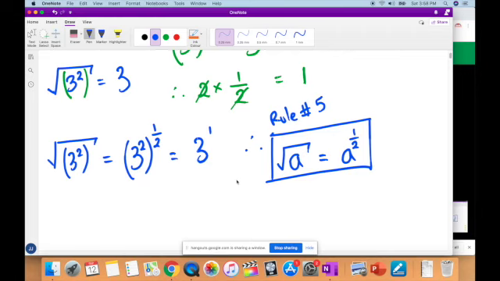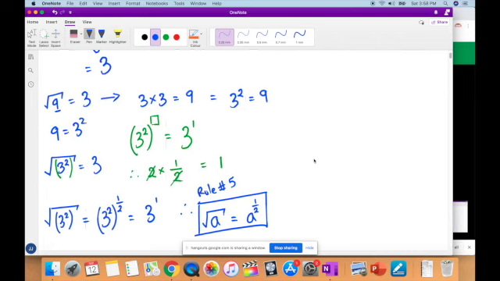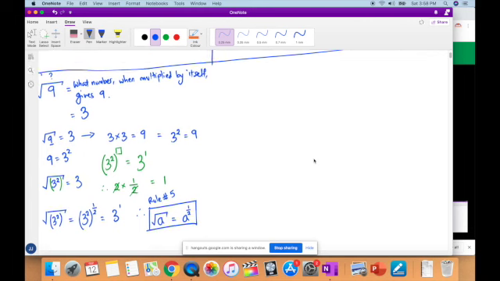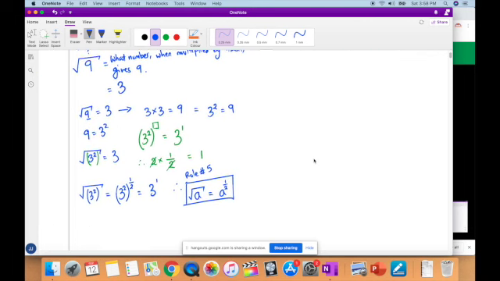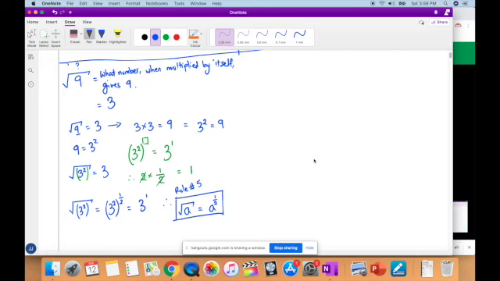Alright, now these things, especially indices, are really important in algebra, because we're going to get a lot of algebra that involves indices. Now, these are not all of the rules.